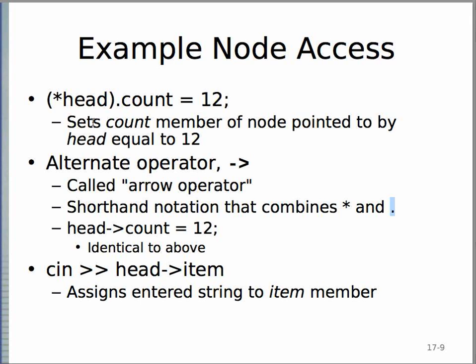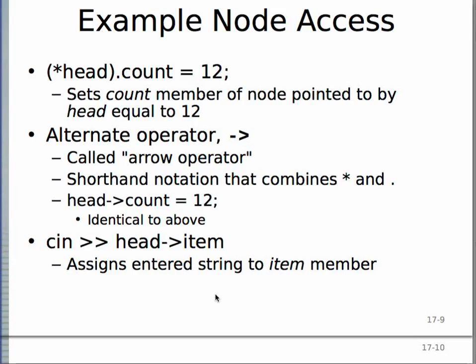So instead of open paren star head close paren dot count, this is much easier to see and understand visually. This says head is a pointer, get the thing that it points to, get the count data member. And of course in Java we would just say head.count, so it's even simpler. You can read from the console, that is from the keyboard, into head.item, or you can print it out, cout, the insertion operator, head arrow item.